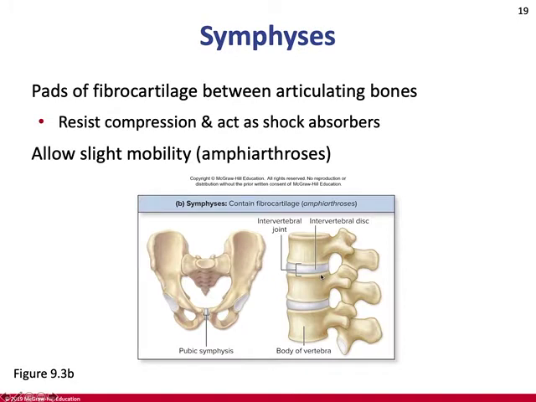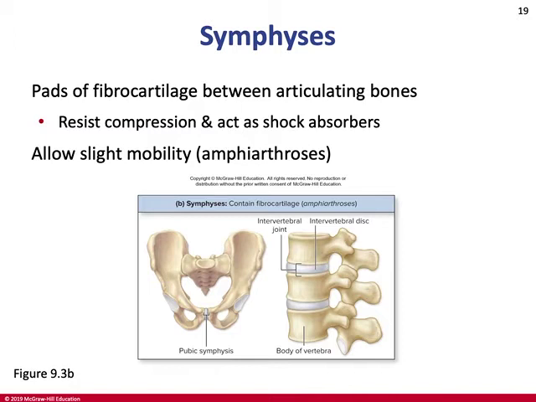In a symphysis and in the intervertebral discs, we have fibrocartilage between the two bones, allowing slight mobility. The fibrocartilage is resistant to compression and acts as a shock absorber, but does produce a degree of movement that allows the entire vertebral column a relatively high degree of movement, because when you add the small degree of movement between each intervertebral disc, the net effect is to provide a lot of movement.